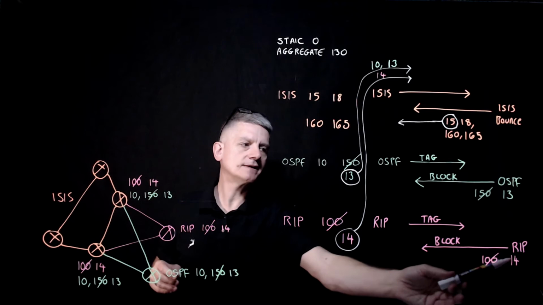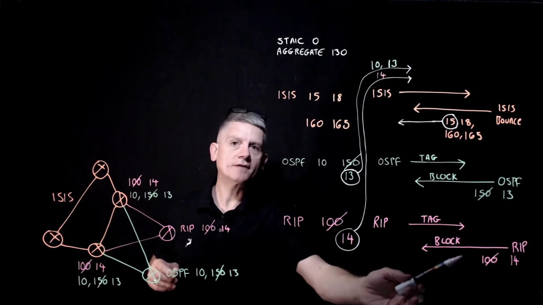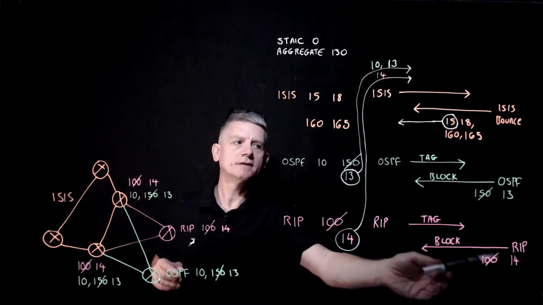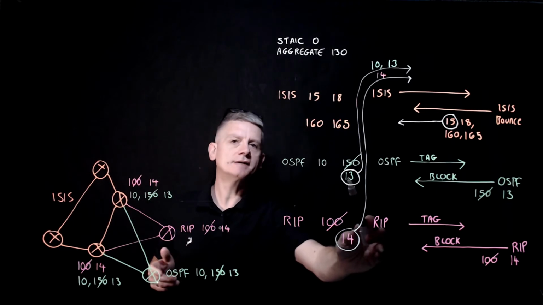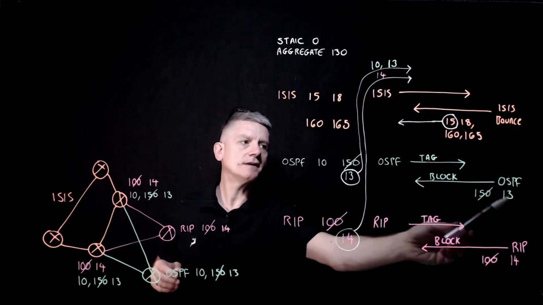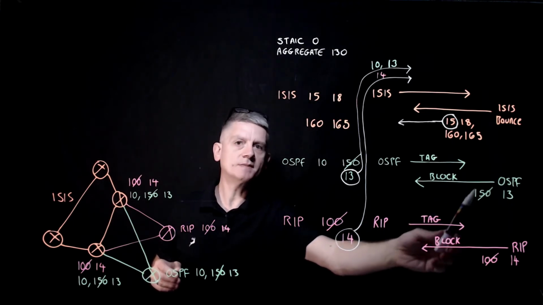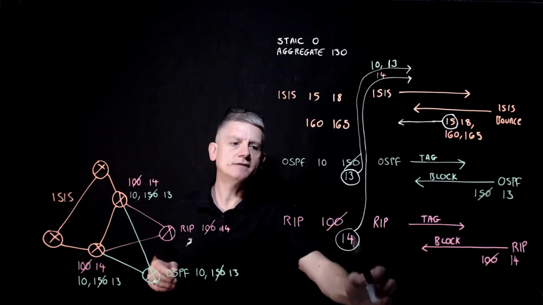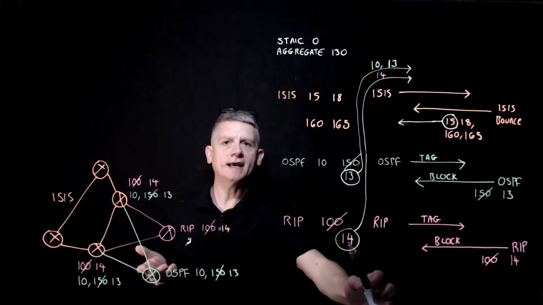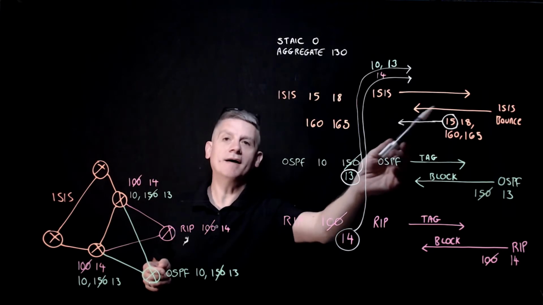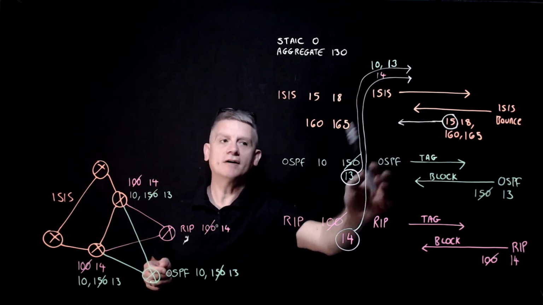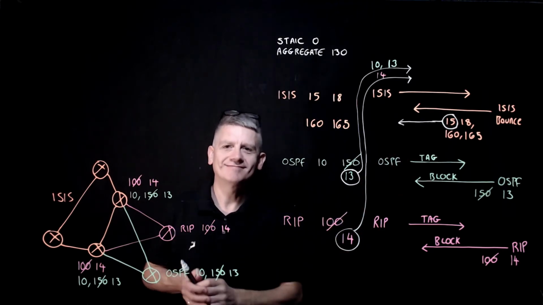This 14 isn't set so that the bounce back from RIP is different. And this 13 in OSPF hasn't been set so that the bounce back from OSPF does something different. This 13 and 14 have been set so that the bounce back from ISIS can't remove these routes.